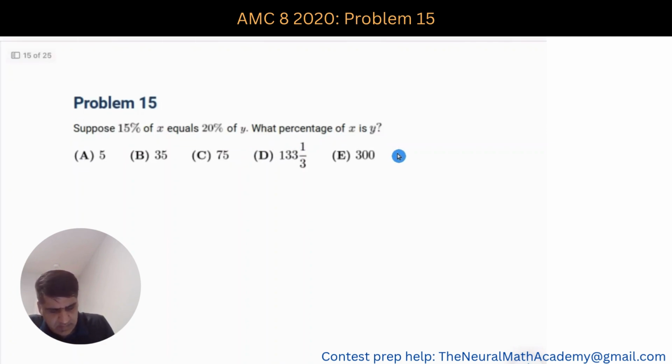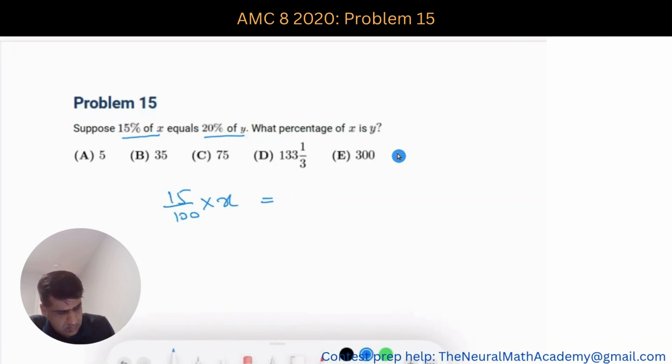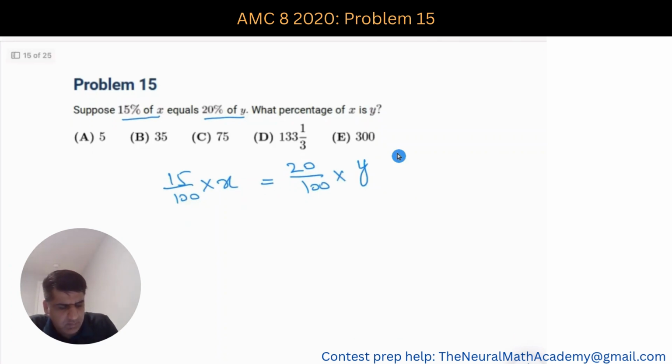So what we are given is 15% of x equals 20% of y. And we have to tell what percentage of x is y. So basically we have to rearrange this equation and isolate y.